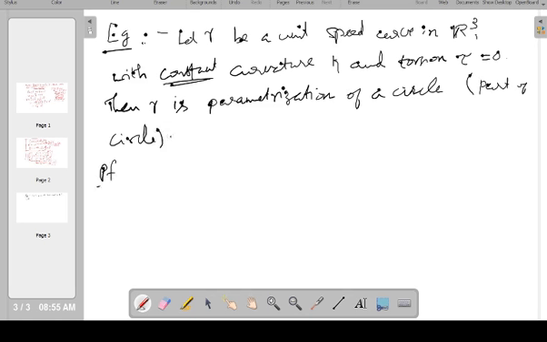So how do we prove this? First we use torsion tau equal to 0.